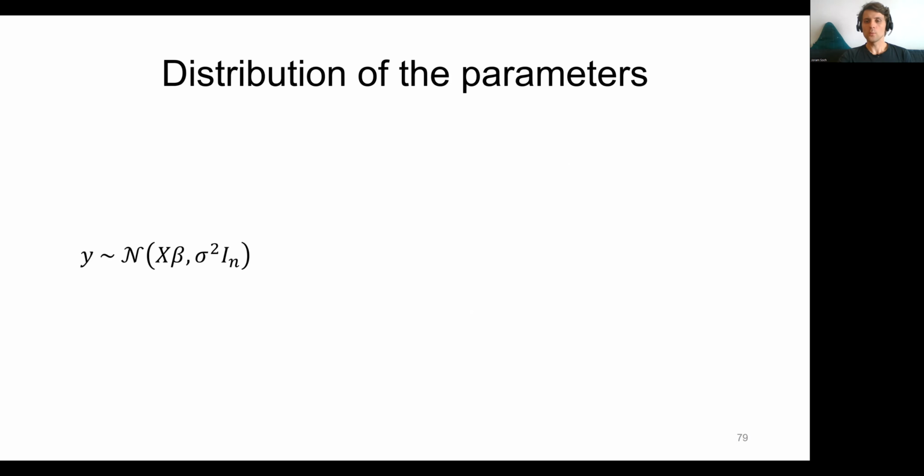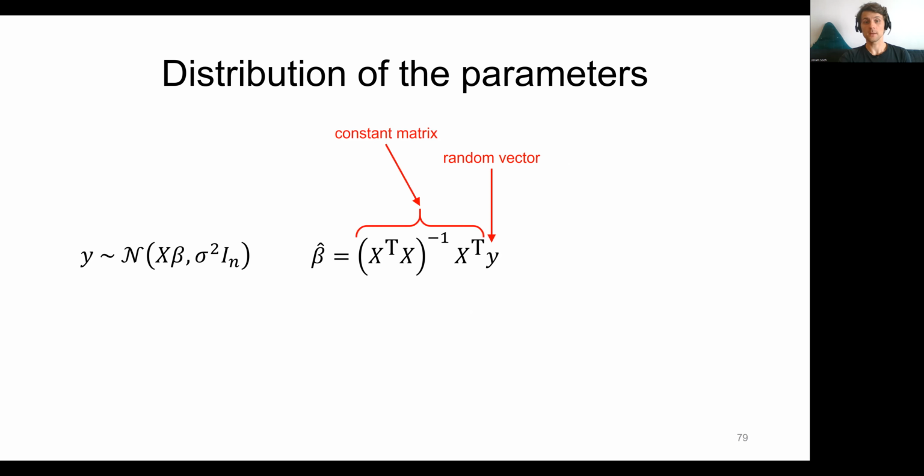From that, we can move on to the distribution of the parameters. Because in our ordinary least squares equation, the optimal parameter estimates are just a linear transformation of the measured signal, and we know the distribution of the signal. So we have a random vector, our observed hemodynamic signal.